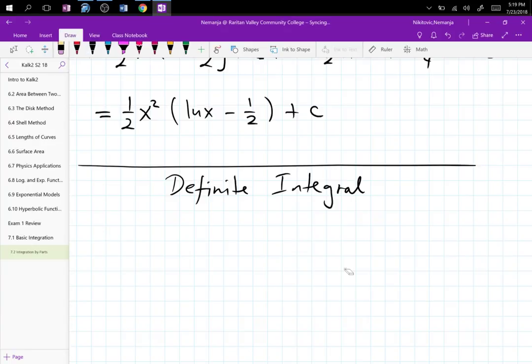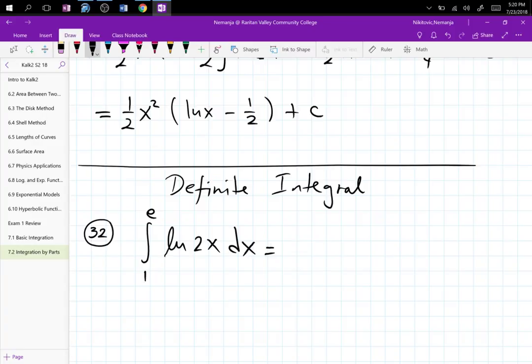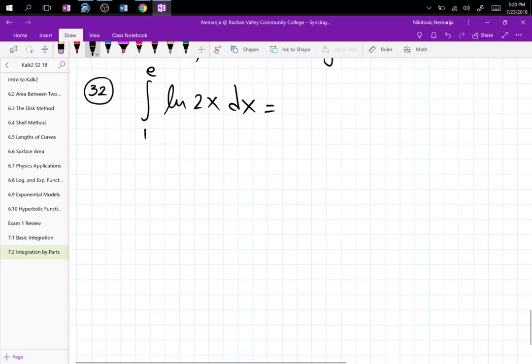Since you already know how to deal with the ln, try this one on your own, and then when you are done with integrating all the way through, then you use 1 and e. Go.